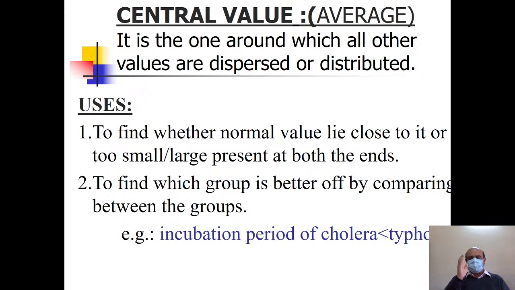Anemia present or anemia absent is categorical data. Central values and averages are usually done for continuous variables. For those continuous variables, mean, median, and mode are the averages.